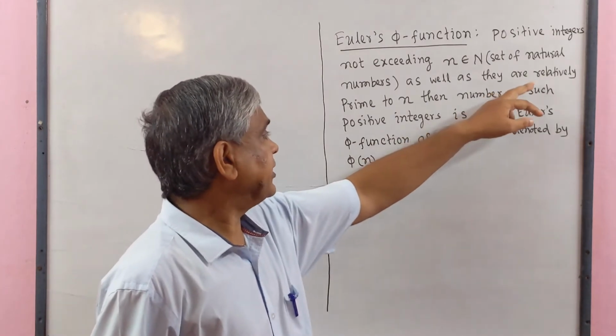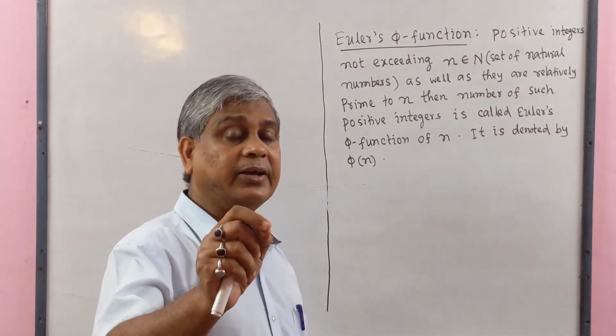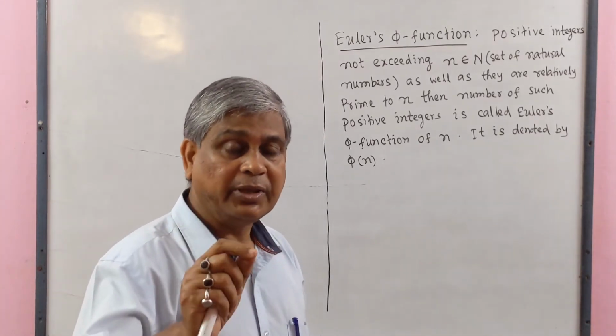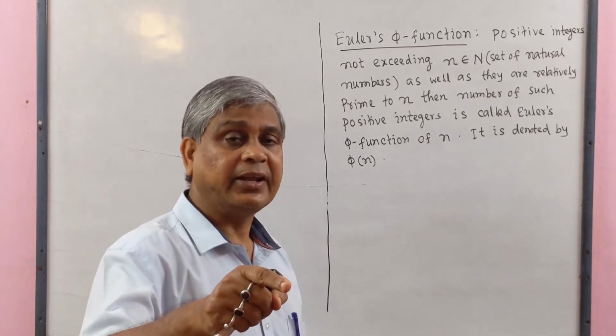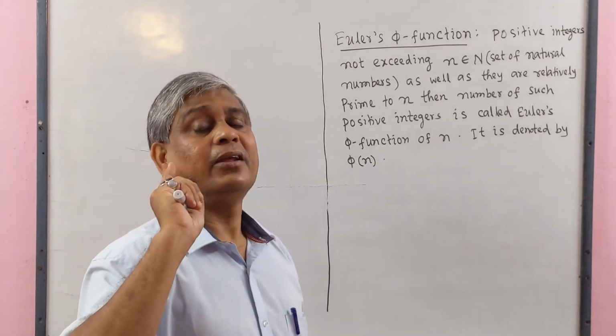Here we see the term relatively prime to n. Positive integer relatively prime to n means GCD of that positive integer and n is 1.